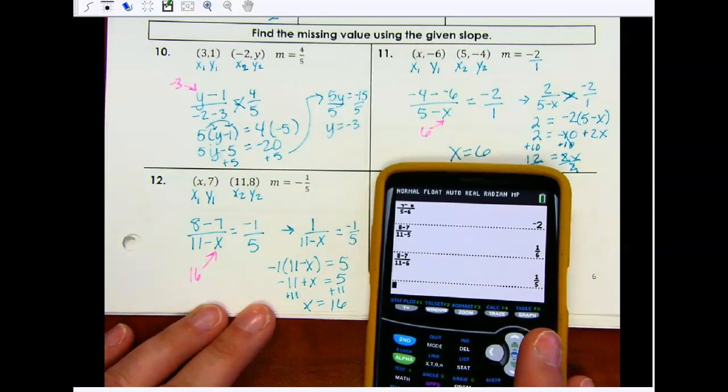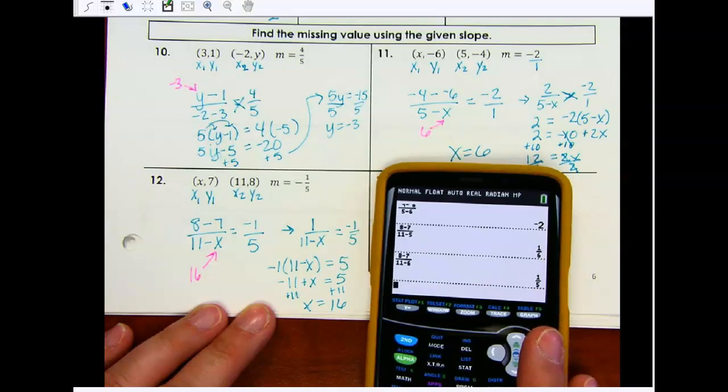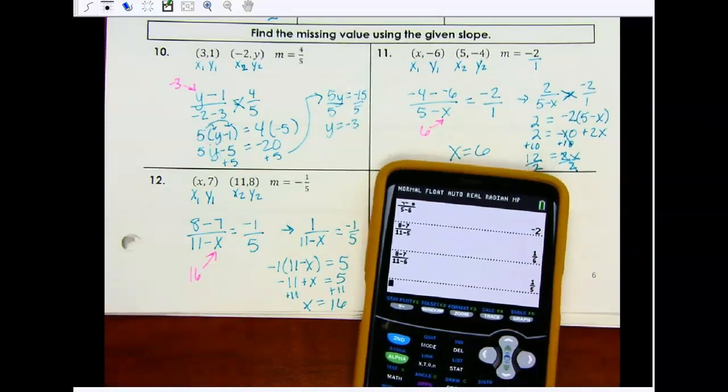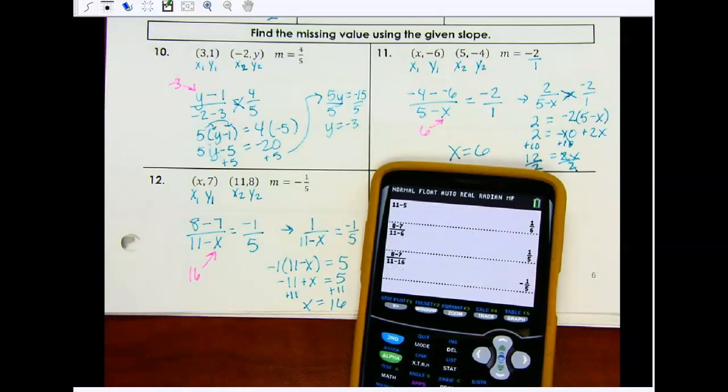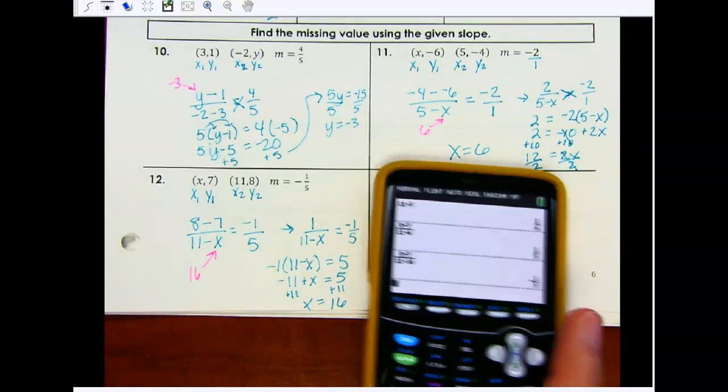It should be negative 1/5. Oh, I want to put 6. It's supposed to be 16. Good grief. Now it's negative 1/5. So sometimes you have to find your own mistake.